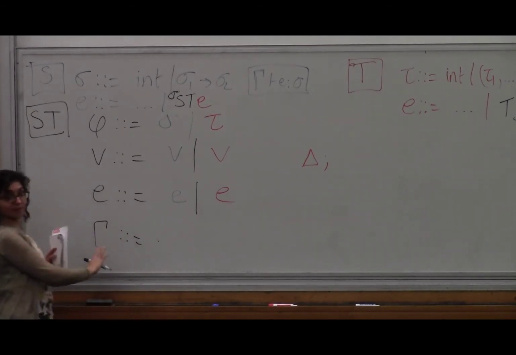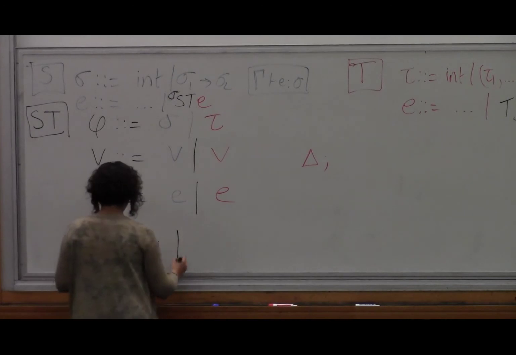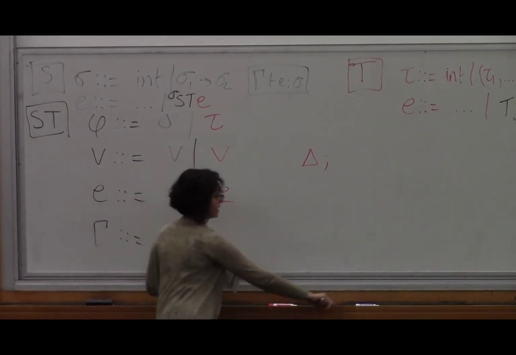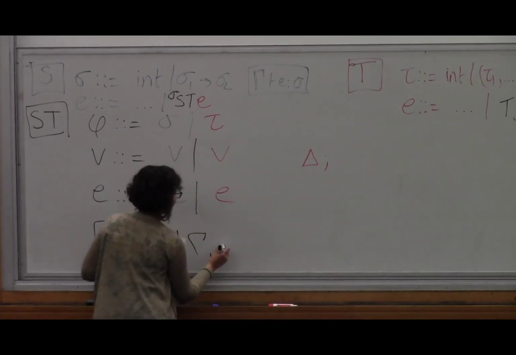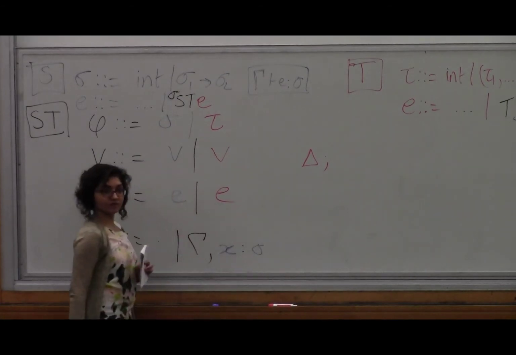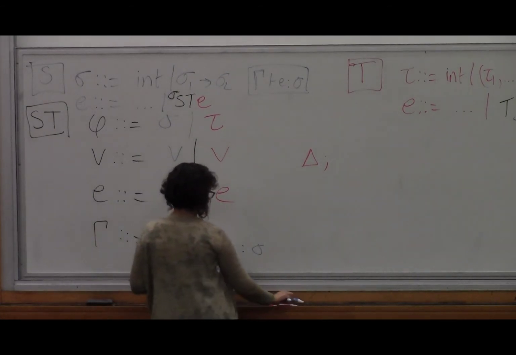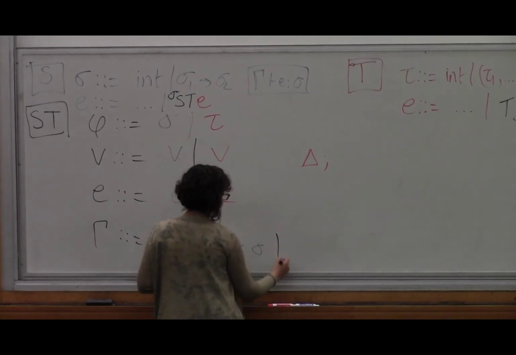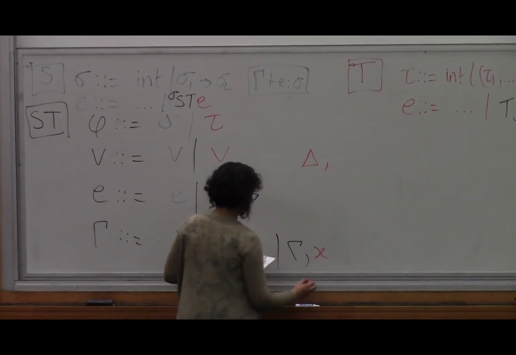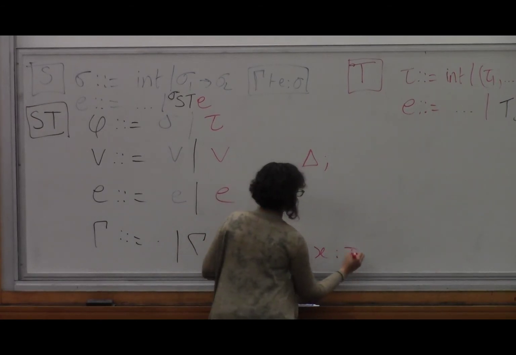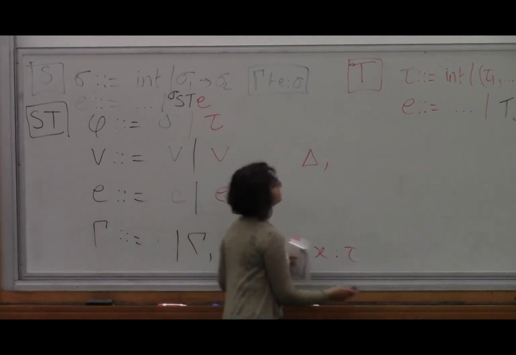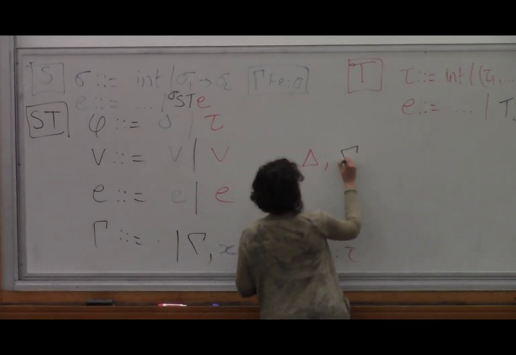My multi-language gamma, the black one, can contain information about blue x's, or it can contain information about red ones.